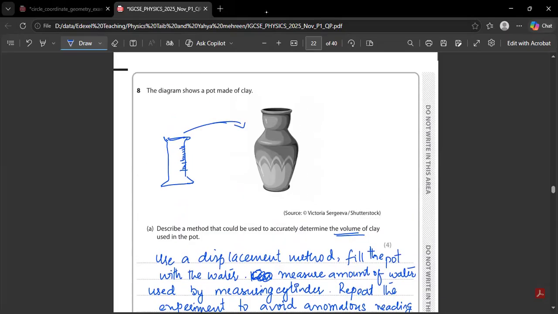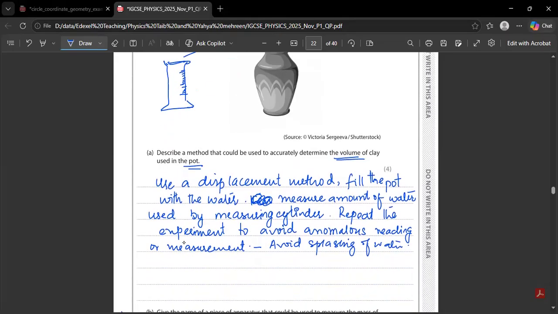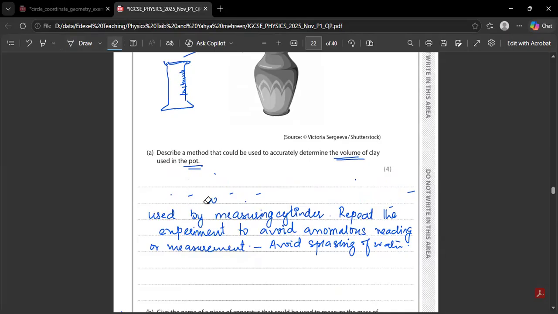You just mentioned that the question is asking about the volume of the clay used in the pot. Oh yeah, I got your point. Okay, just a second. I want to remove this. The question is asking about the volume of the clay used in the pot. So what we can do, we are going to follow the same steps, but we have to mention it in a different way, right?